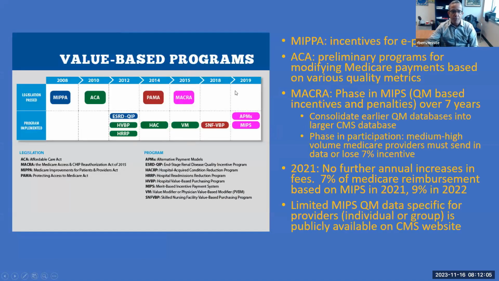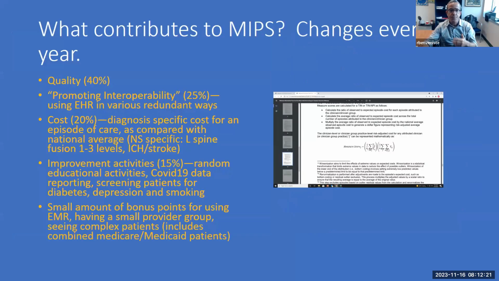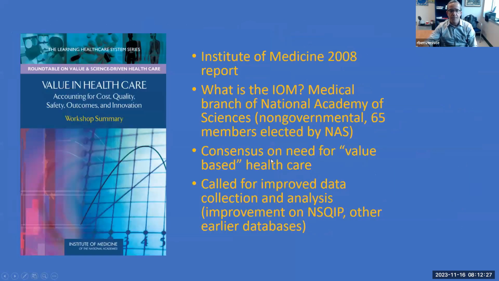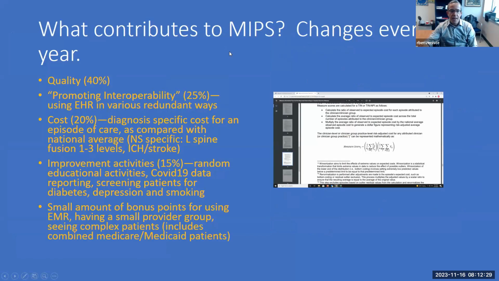There was a roughly 10-year phase-in period during which Medicare began phasing in, basing its payments to a very significant degree on what was perceived as quality of care rather than quantity of care. And where we stand now in MIPS, which is the merit-based incentive payment system, is that it's about 9%, I think, of Medicare payments.